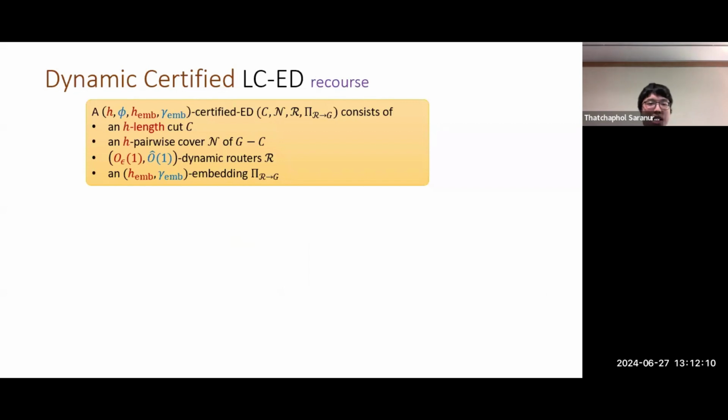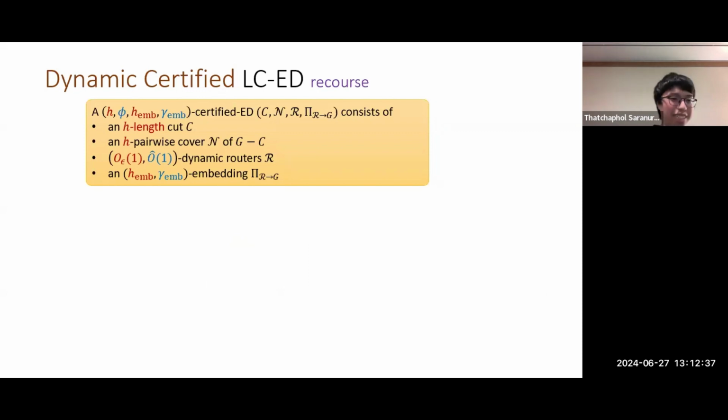Now we are ready to talk about how to maintain this kind of certified ED under edge insertions and deletions. But before that, let's clarify what we care about. Of course, we care about how the quality parameters, like H embed and gamma embed, will become worse and worse.